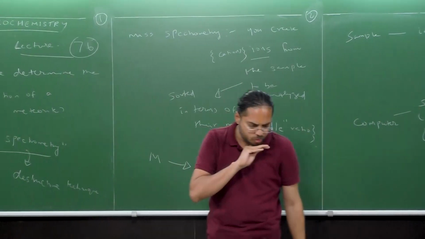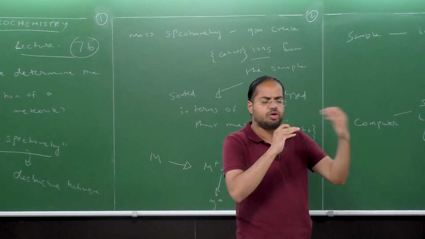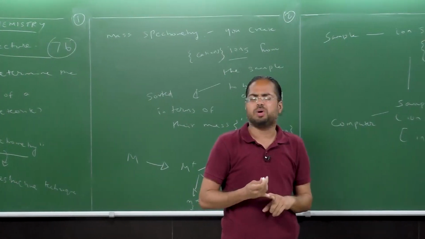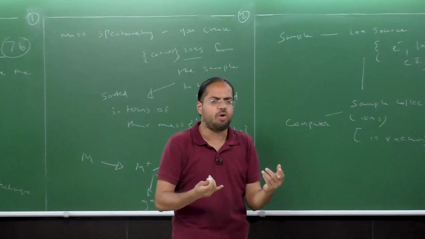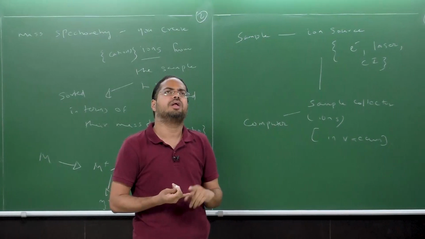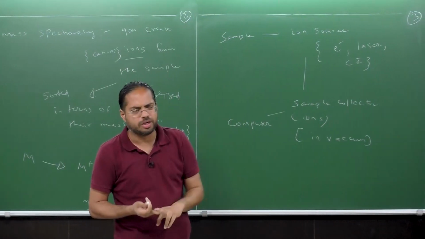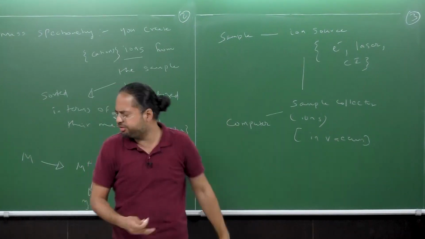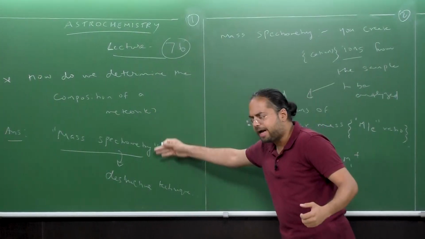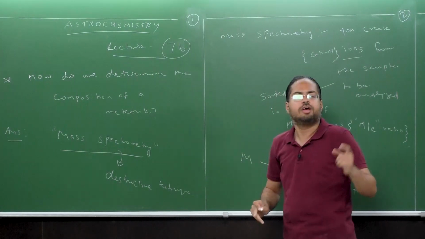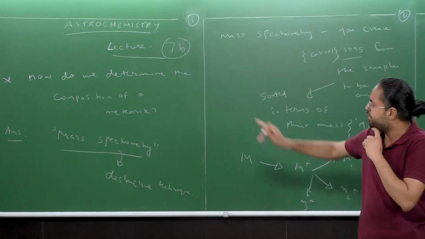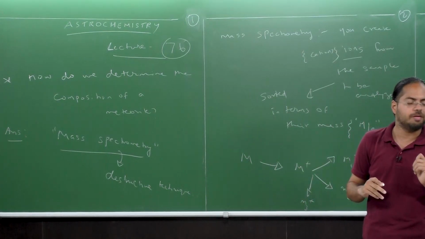Okay, so as far as meteorites were concerned, we have looked into how a meteorite is formed from an asteroid, and we looked at its composition broadly. And I told you that mass spectrometry is used to understand and find the composition of the meteorites. The next part of meteorites that we'll be looking at is very interesting.